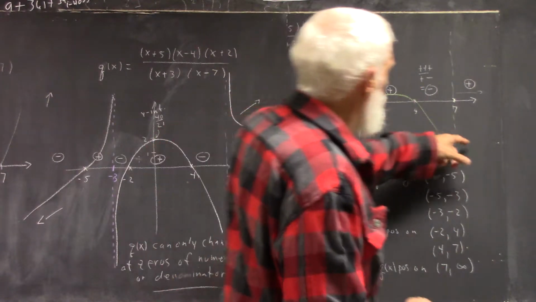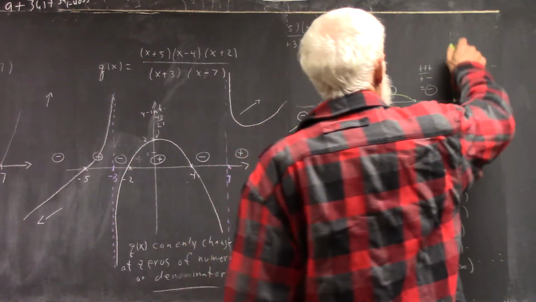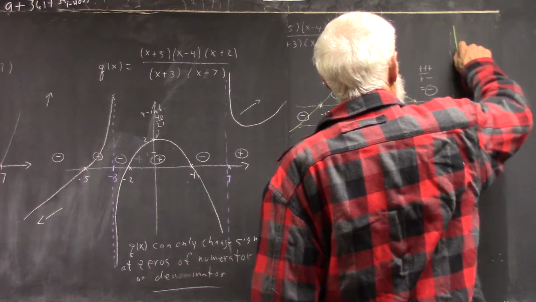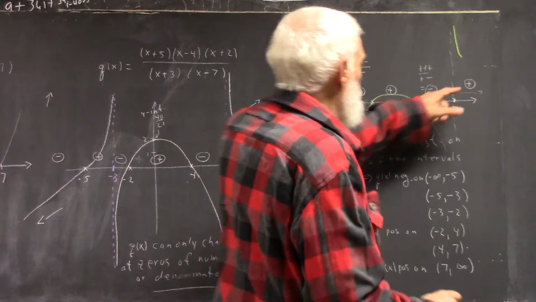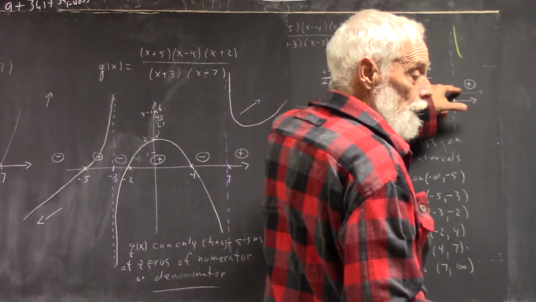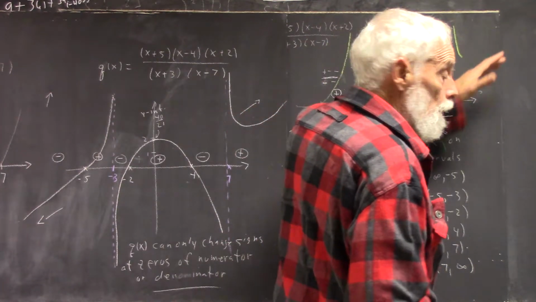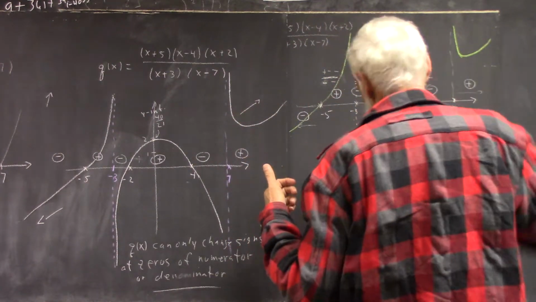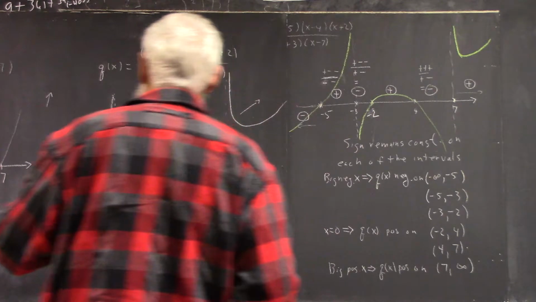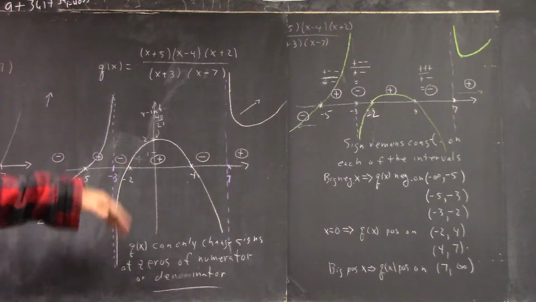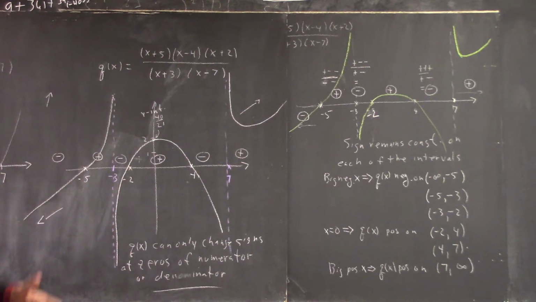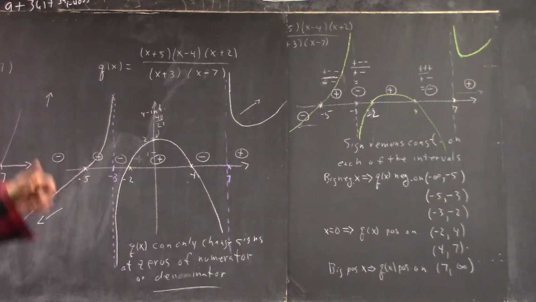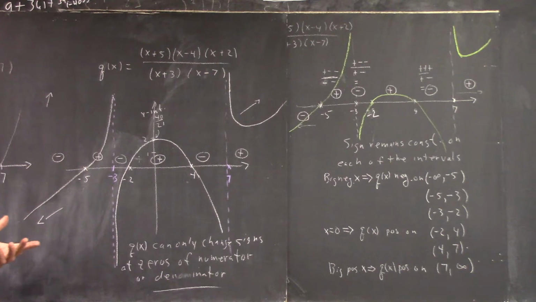On the other side of this vertical asymptote, it's positive, so it's got to start out down like this, but it's got to go to positive values, and the positive values are going to be large, so it's going to have to turn around and go off like this. And that's what you see here. I gave the same explanation when I did this. And that graph looks a whole lot like this one, has the same most important characteristics. So there we have it.